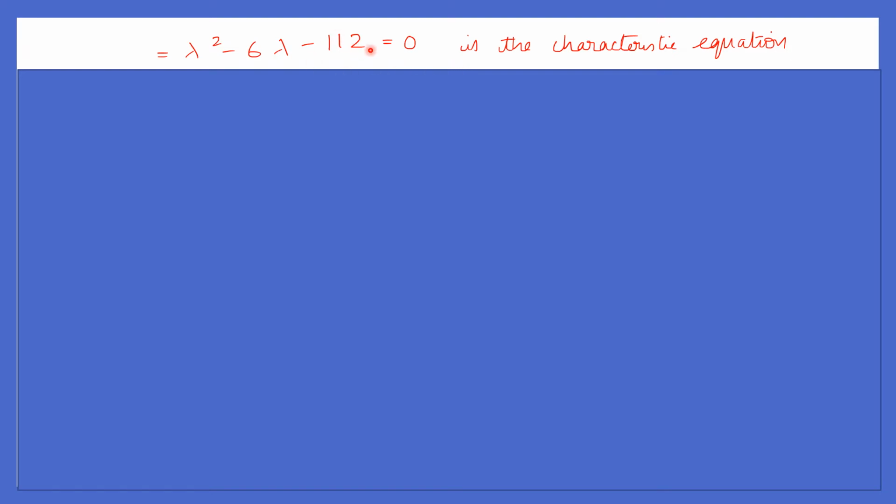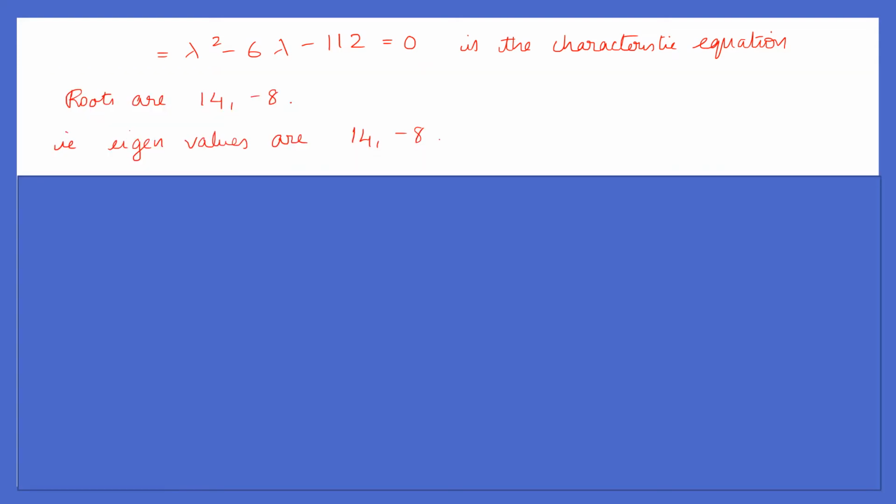Now we have to identify the roots of this characteristic equation, and the roots will be the eigenvalues. So here the roots are 14 and minus 8. So our eigenvalues are 14 and minus 8. By using these eigenvalues, we can represent the quadratic form as a corresponding canonical form.